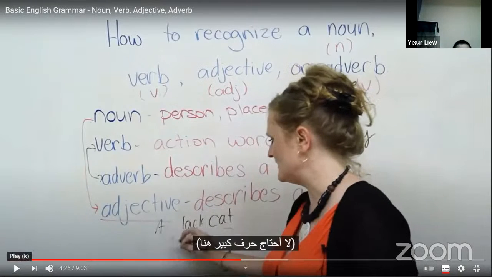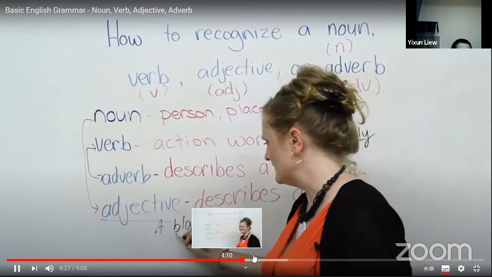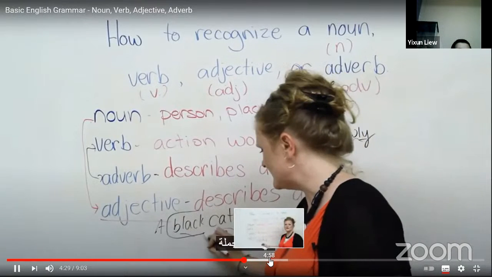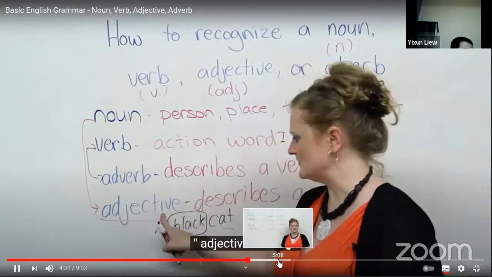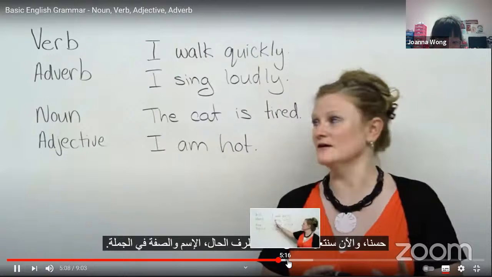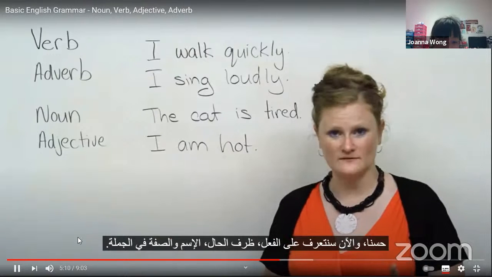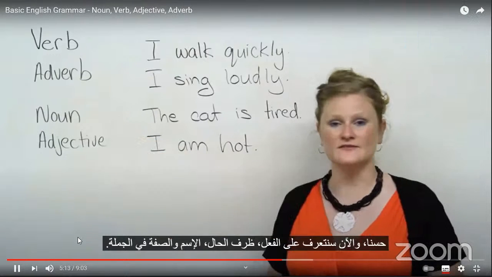So you see this, the adjective for the noun is in front, while the adverb for the verb is at the back. In this sentence, the word black is my adjective. So we have a verb, an adverb, a noun, and an adjective in a sentence.